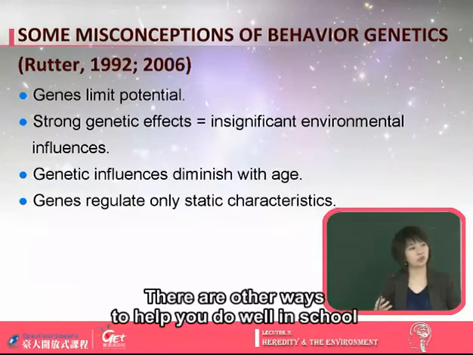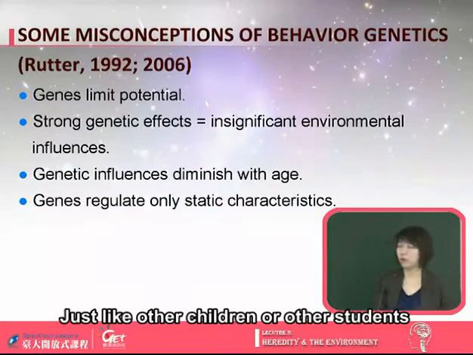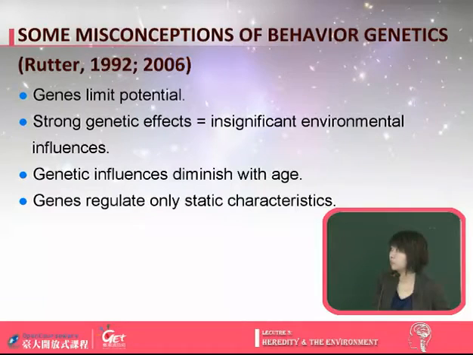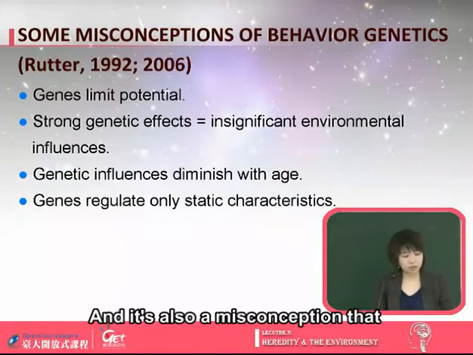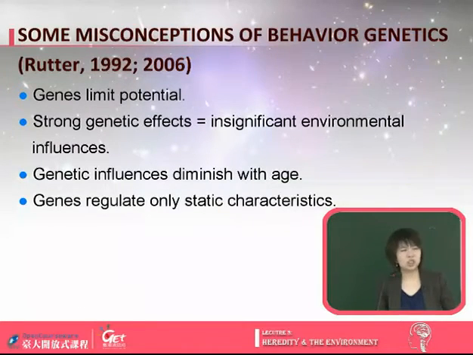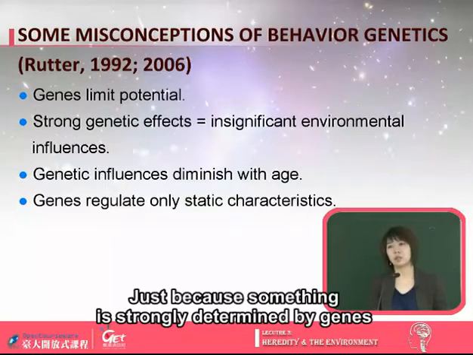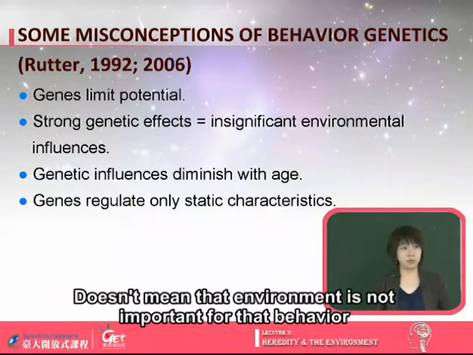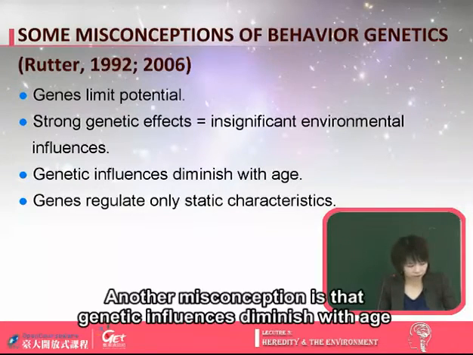There are other ways to help you do well in school, just like other children or other students. And it's also a misconception that strong genetic effects mean insignificant environmental influences. Just because something is strongly determined by genes doesn't mean that environment is not important for that behavior. Another misconception is that genetic influences diminish with age.